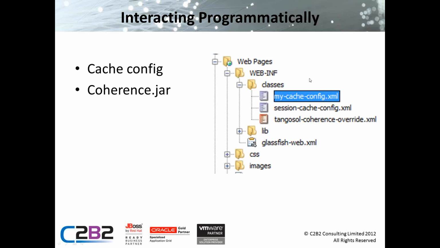Now I've got this XML file, mycacheconfig.xml, and that is exactly the same as the cache config that I showed you earlier, and the one that describes all the caches that we were using on EC2. And if I was to use the same configurations locally as I was on EC2, it would join exactly the same cache, and I could interact with exactly the same data.